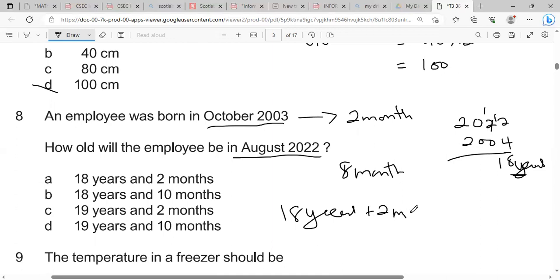Such an awesome month, I must say. And then plus the other 8 months. So in all, that will be 18 years and 10 months, which is awesome. And that works out to be.